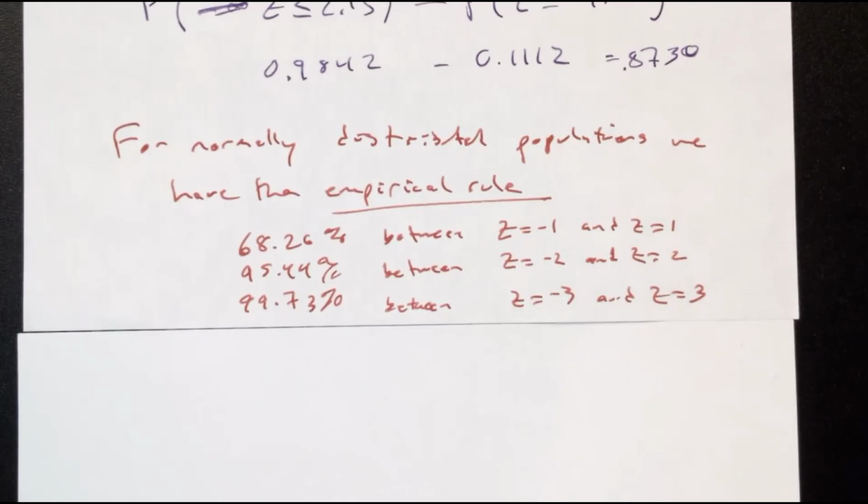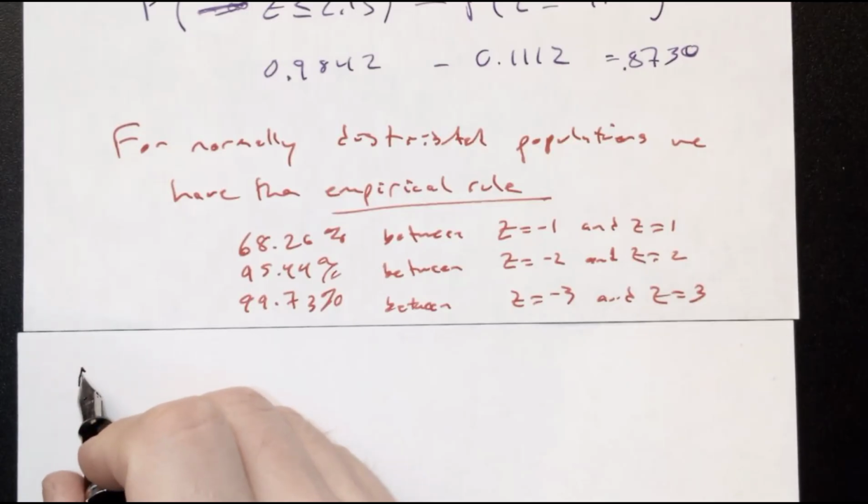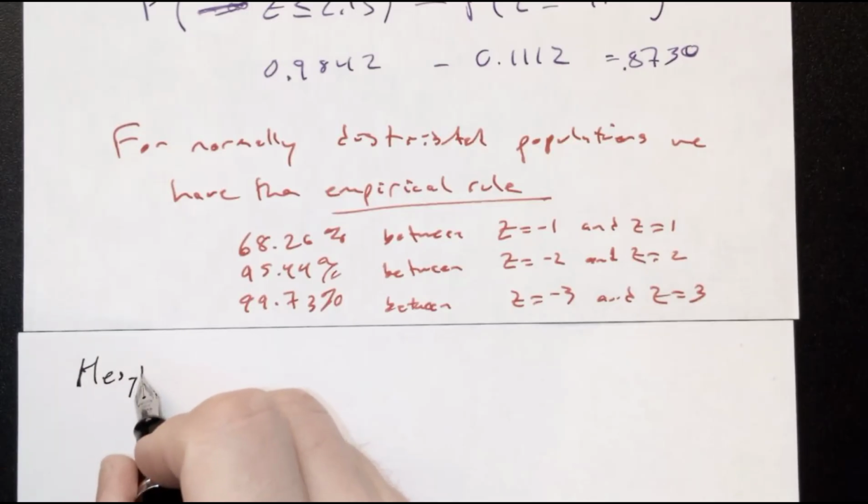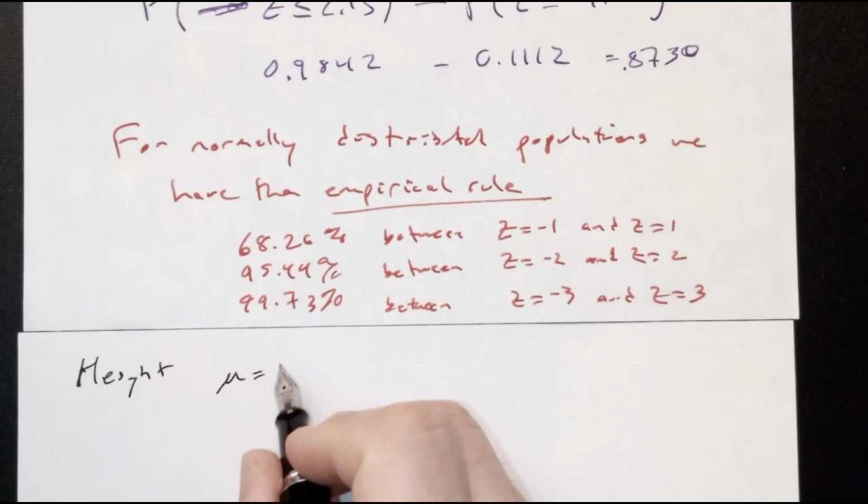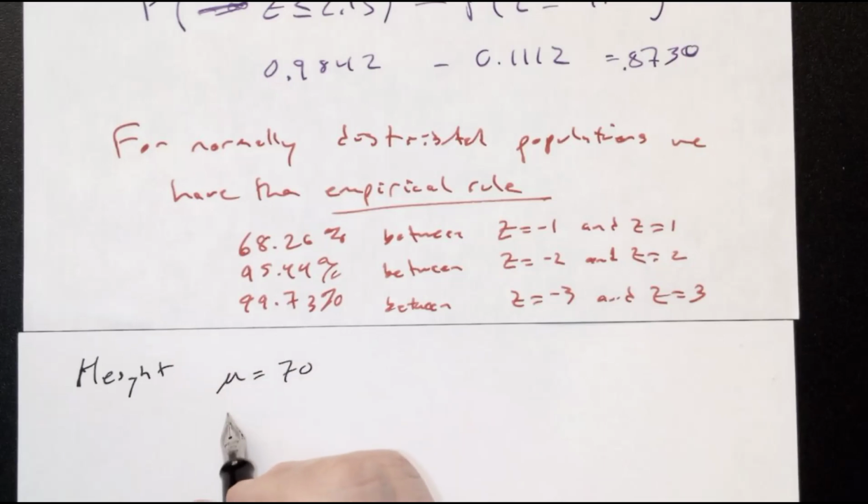Yeah, maybe over 7 feet. But why 7? Why 7 feet? Let me see if I can make this exact. Remember, we said that for height, the mean was 70 and the standard deviation was 2 inches.